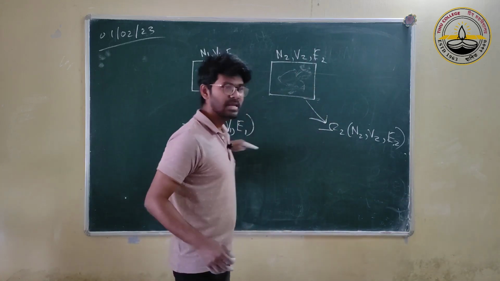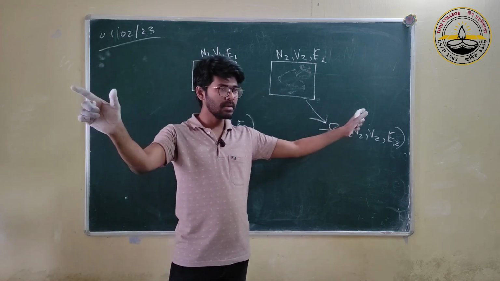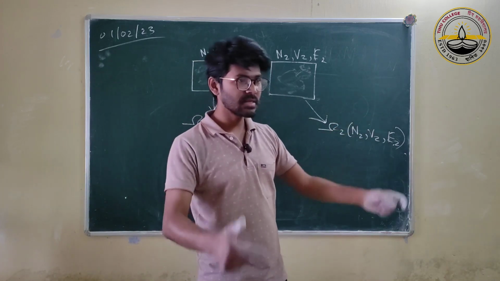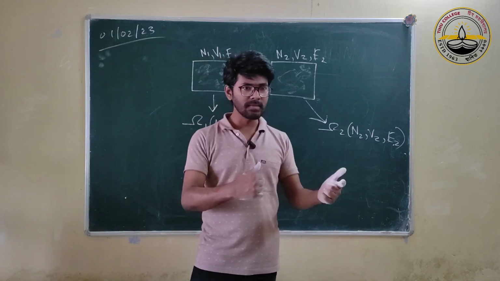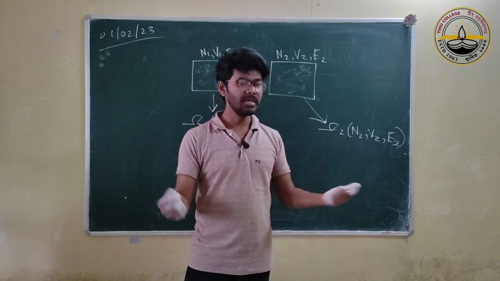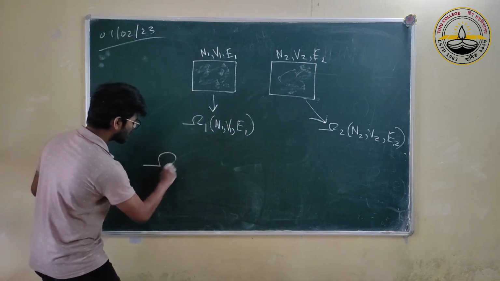So these are like probability. If these 2 systems are separate and independent, like 2 coins, then their combined probability of finding any one of them in any of the states is just a multiplication of the 2.